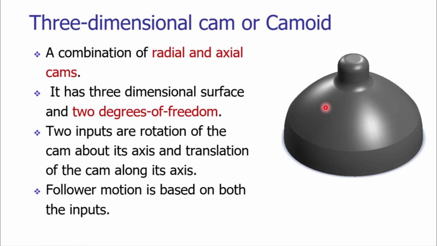So the cam can be moved along this direction, along the radial direction, and it is also moved along this direction as well, along the axial direction. So the radial movement and the axial movement are generating the three-dimensional movements.